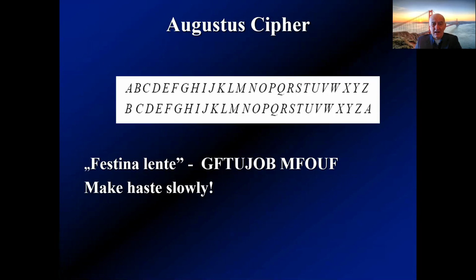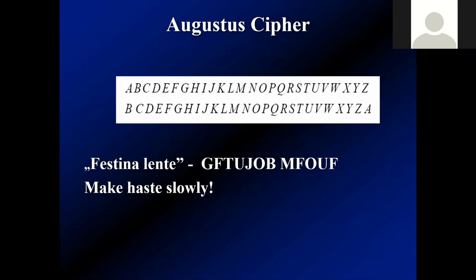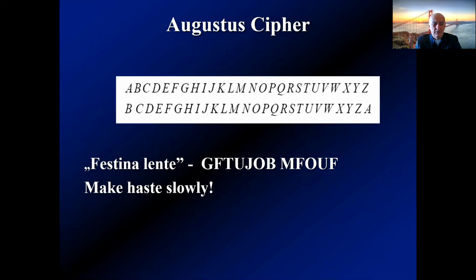Next was Augustus' cipher, and Augustus decided it was enough to shift letters by 1 unit, and this cipher is based on the same idea of substituting letters. The difference is that in the case of the Caesar cipher, we shifted the alphabet by 3 units, and in this case, only one unit.